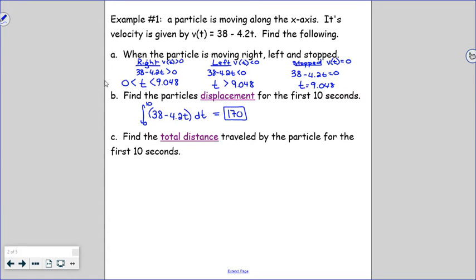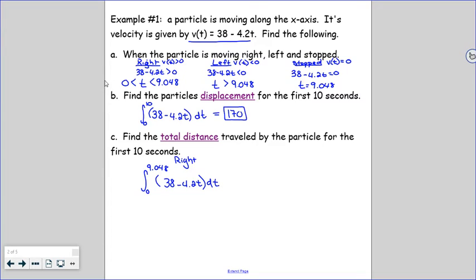So the integral that our particle is moving right would be from 0 to 9.048 of our velocity function, and you can fill that in, or because it is defined up here, you could just refer to it as v of t dt. This would represent how far our particle moves to the right.